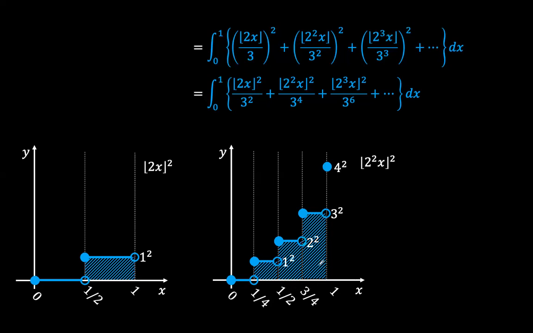And this strip has the same width, so it will be 3 squared over 3 over 4 times a quarter. So summing up all the strips, the area of the strips, that's how you would go about finding the area of these floor functions.